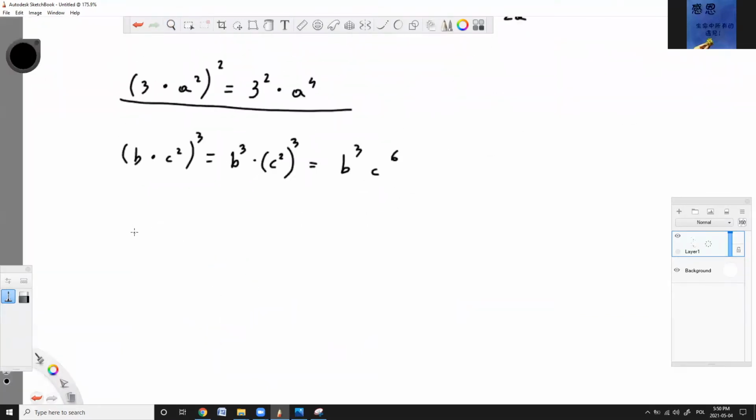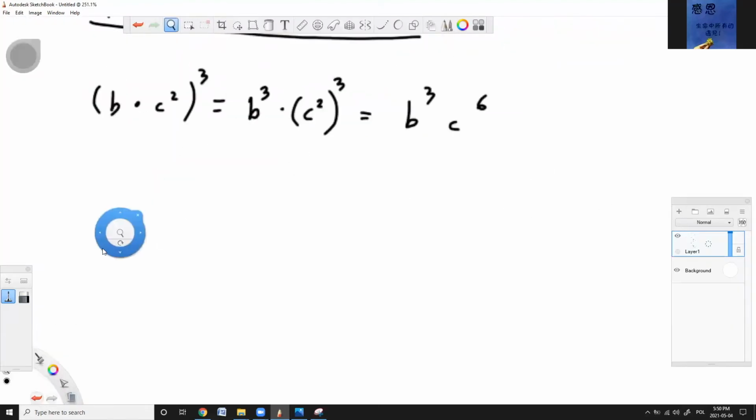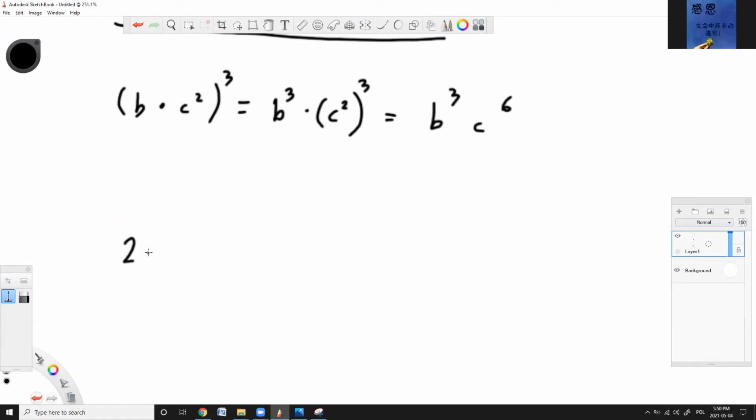Okay. Another example for you. So I see you get this law here. Let's say I have 2a times b squared and everything squared. Give it a try. I encourage you to use laptops, or it might be more convenient, but give it a try.